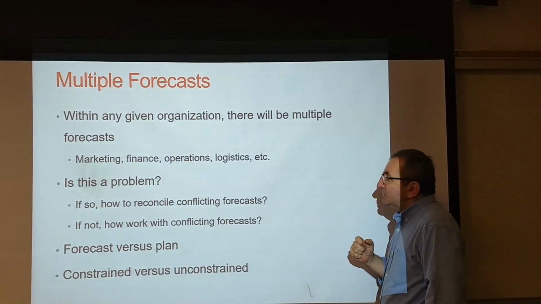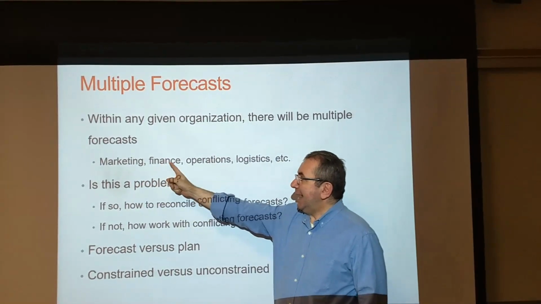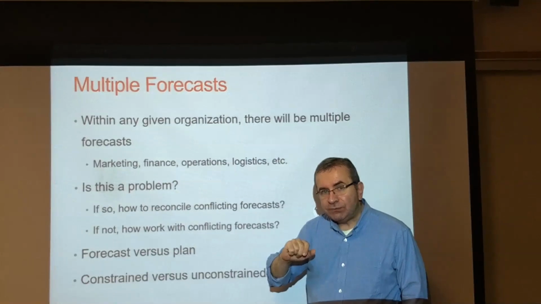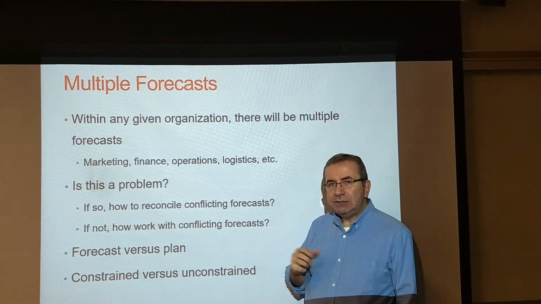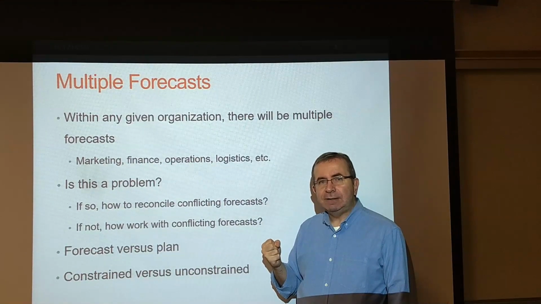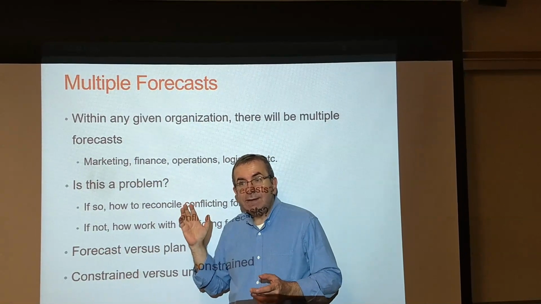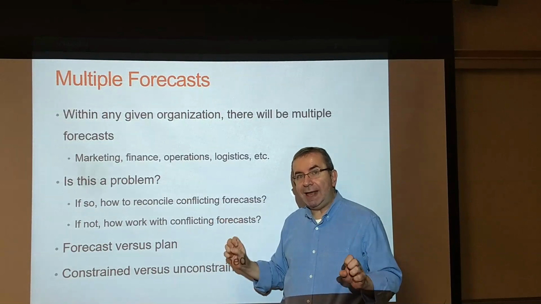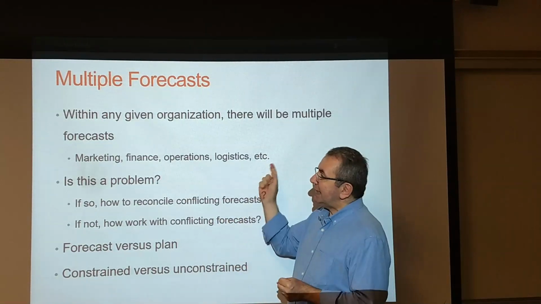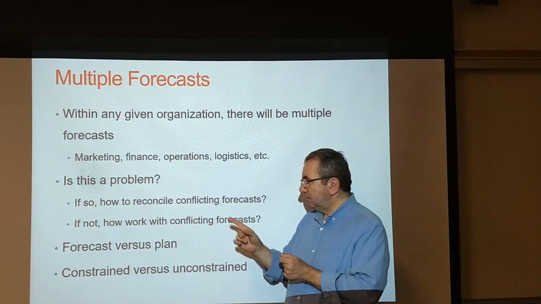Okay, so then if you want to have an agreement between all these functions, how do you reconcile these forecasts? Okay, so everybody thinks their forecast is the best, and everybody thinks everyone else's forecast is crap. So how do you get them to talk to each other and agree on a single forecast?